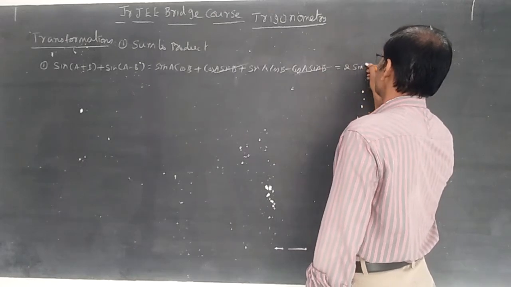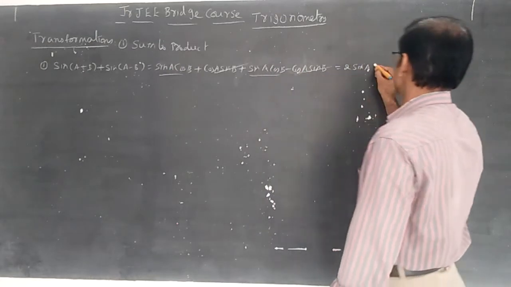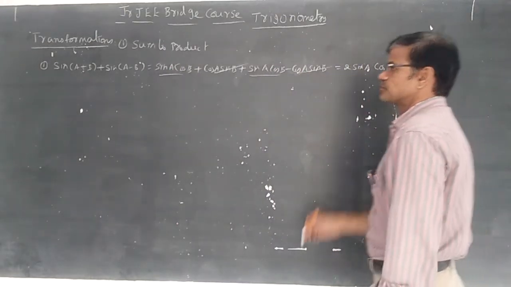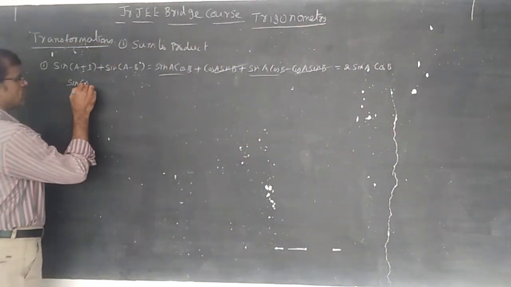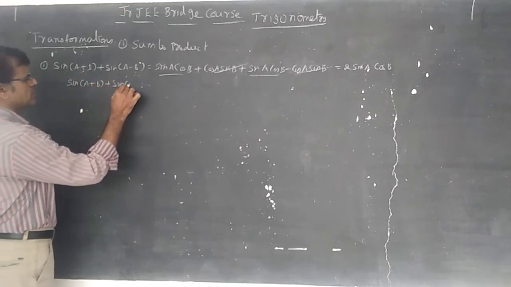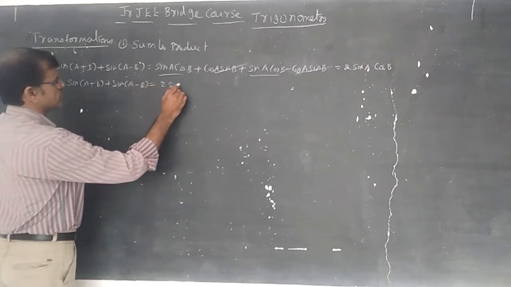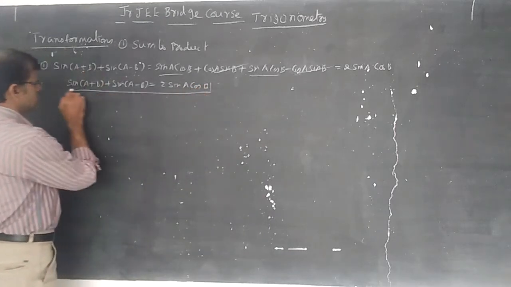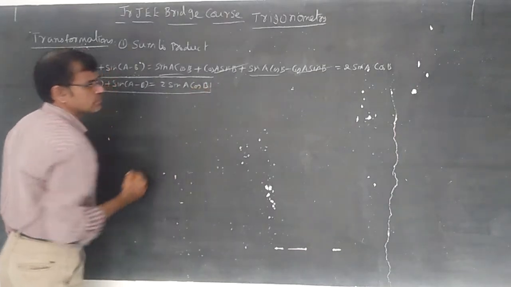The formula for sin of A plus B plus sin of A minus B is 2 sin A cos B. Let us remember this as a formula: sin of A plus B plus sin of A minus B is equal to 2 sin A cos B.